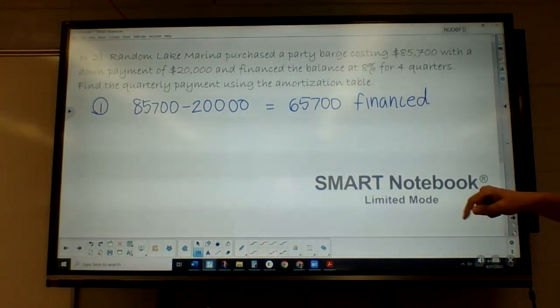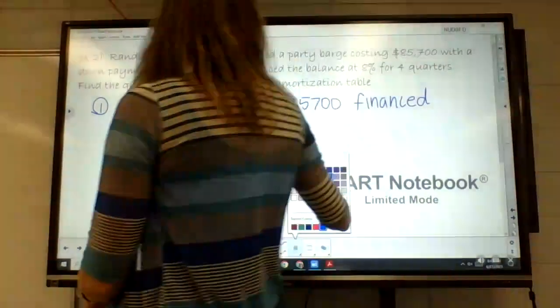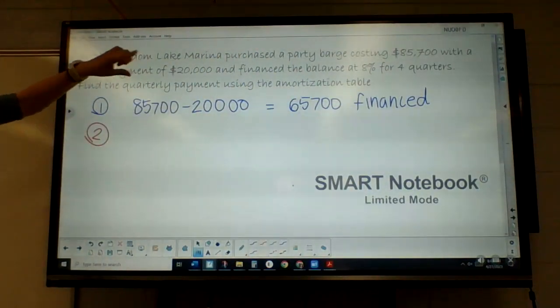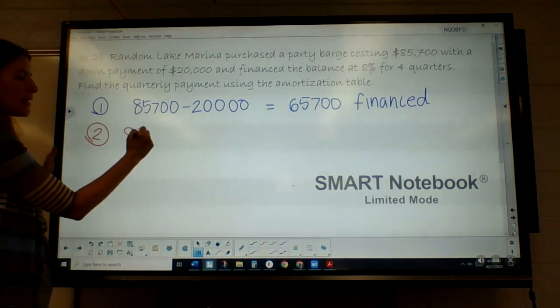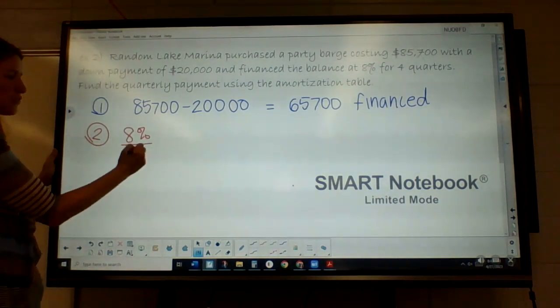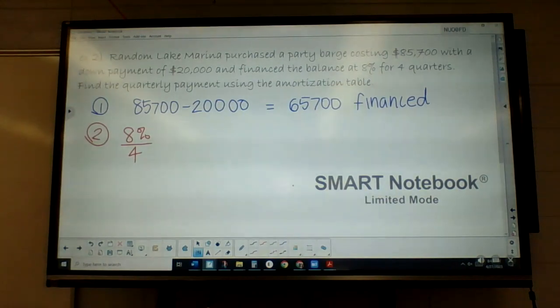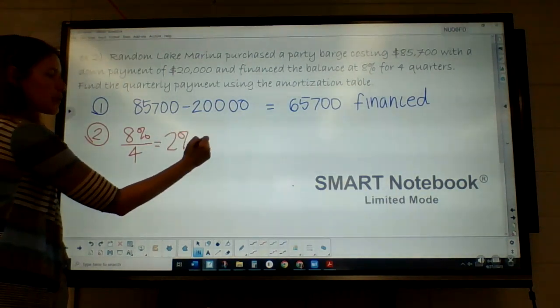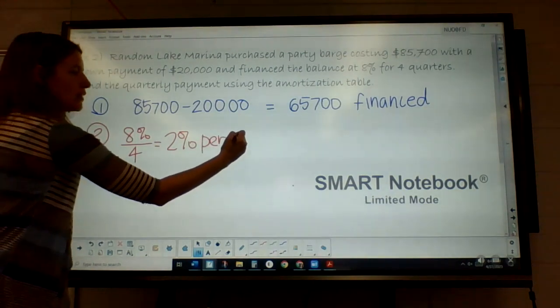Yeah. So our second step is to take this percentage, and rather than breaking it up by 12 this time, we're only going to break it up by 4, because there's 4 quarters. And so on our table now, we're looking at 2% per quarter.